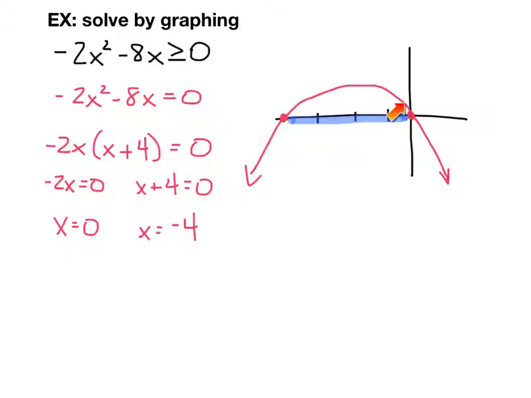All of the x values are together, so is this an and or an or situation? And. So my answer would be all of the values between -4 and 0. So -4 is less than or equal to x, and x is less than or equal to 0.